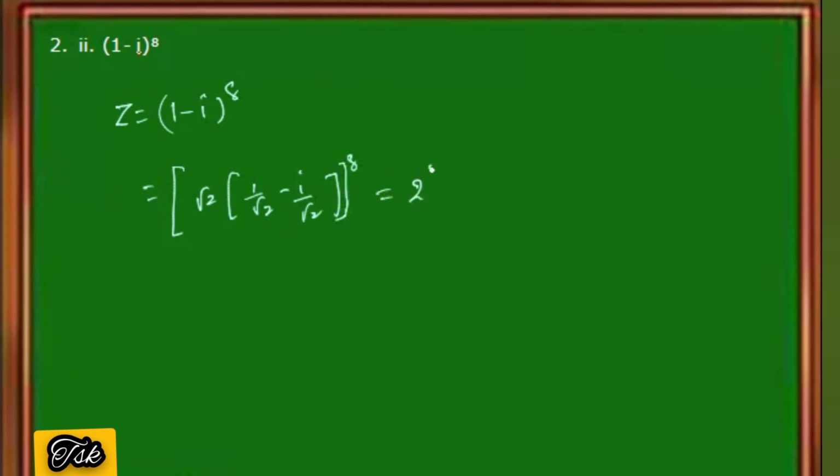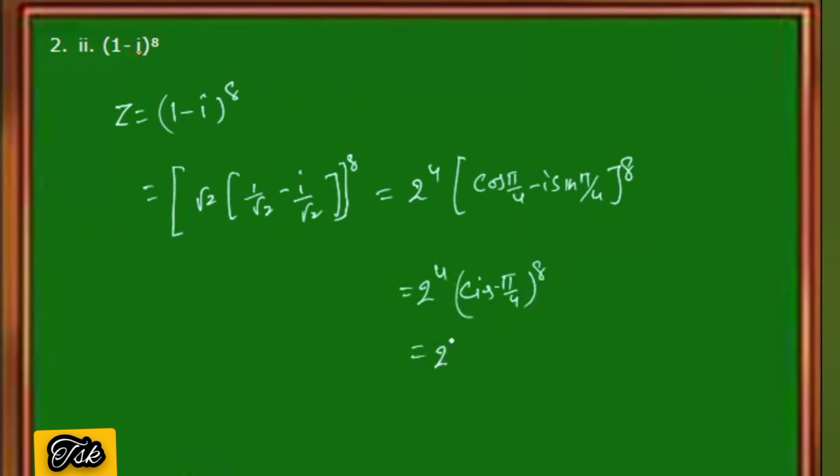This becomes 2 to the power of 4 into (cos pi by 4 minus i sin pi by 4) whole to the power of 8, which is 2 power 4 into cos minus 8 pi by 4. Since cos 2 pi is 1, therefore 2 power 4 into 1 is 16.